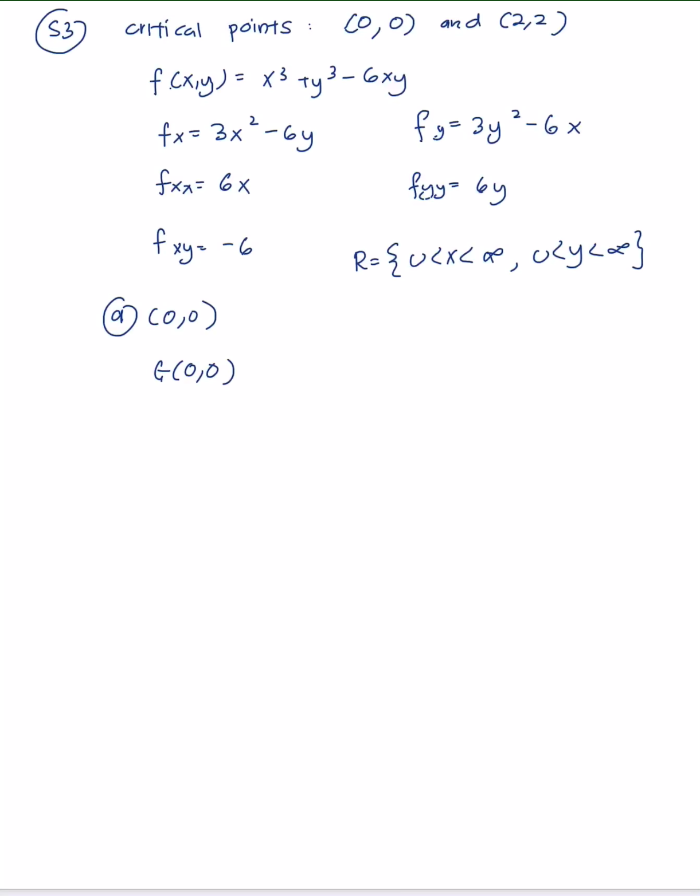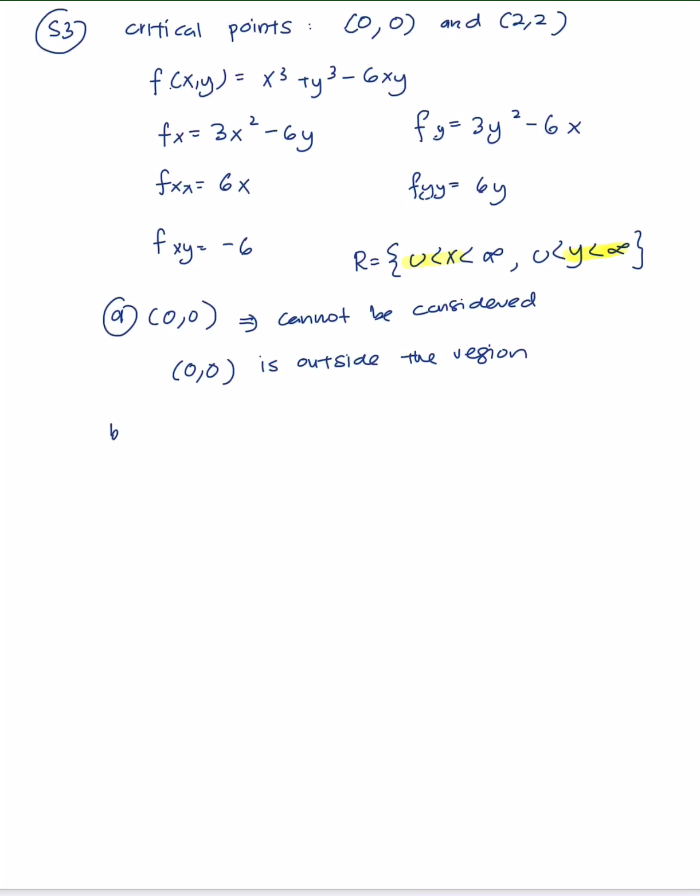So we cannot consider (0, 0), because (0, 0) is outside the region.